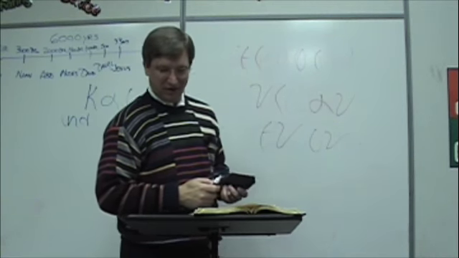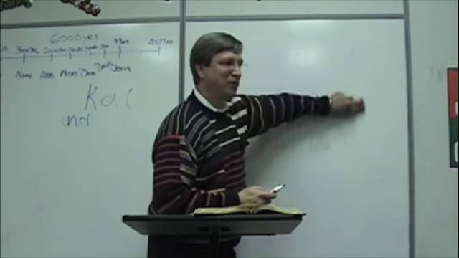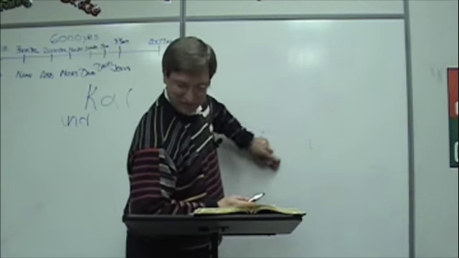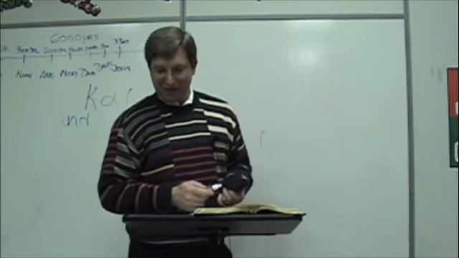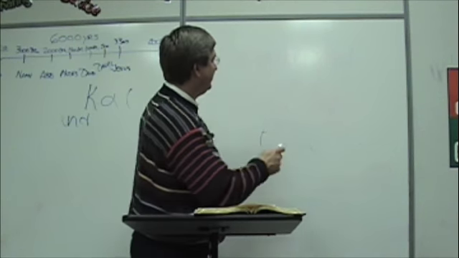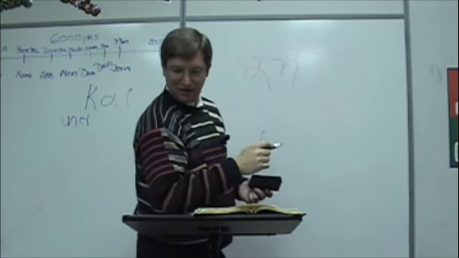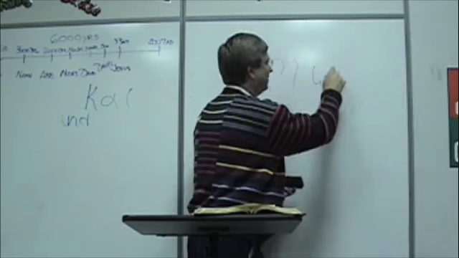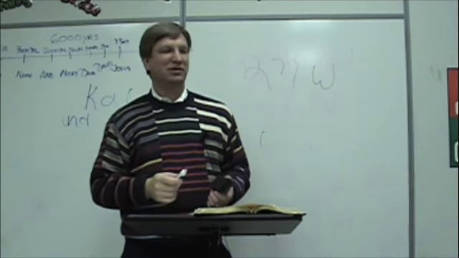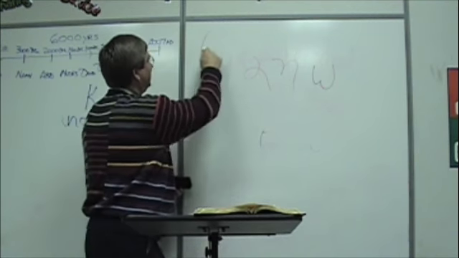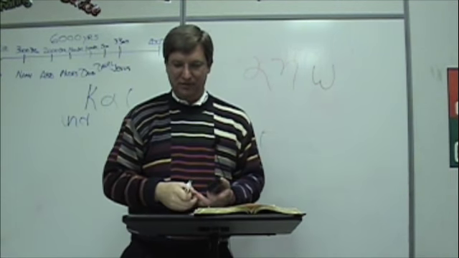Okay, in a few instances, let me throw one more thing at you here, and we'll go back through this. In a few instances, the long vowels, like alpha, eta, and omega, those 3 long vowels are combined with iota to make another diphthong.